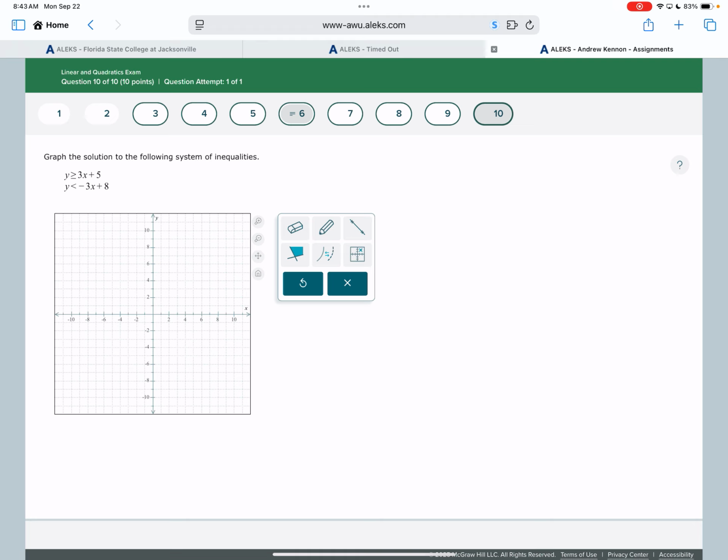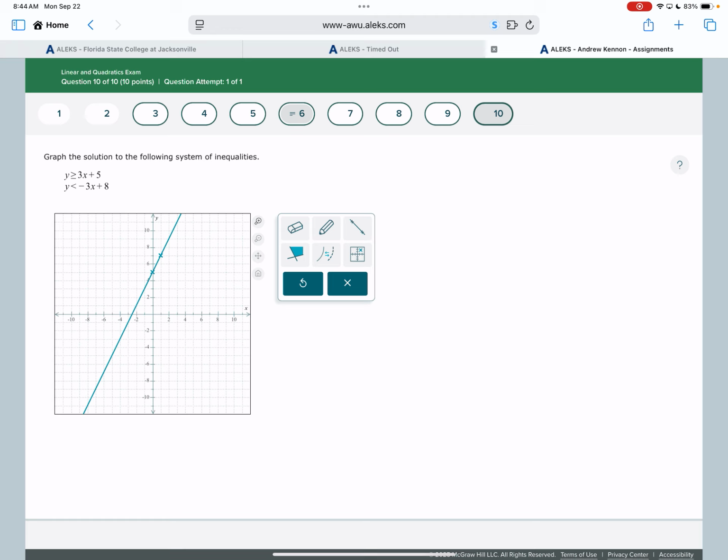I think y'all are probably good enough with y equals mx plus b that I can just graph this, right? Top one, y is greater than or equal to 3x plus 5, so my y-intercept is 5. My slope is 3 over 1, so I go up 3 to the right 1. It is going to be a solid line because it's greater than or equal to.